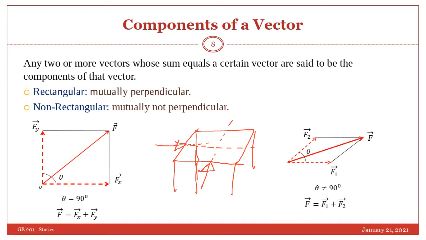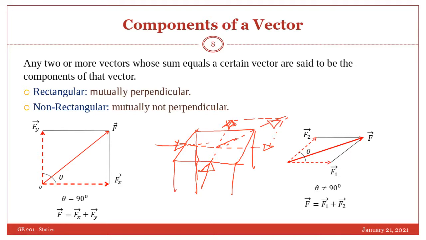So they will be added over here. This you can move to this place, and this you can move to this place. So you will get the resultant here.